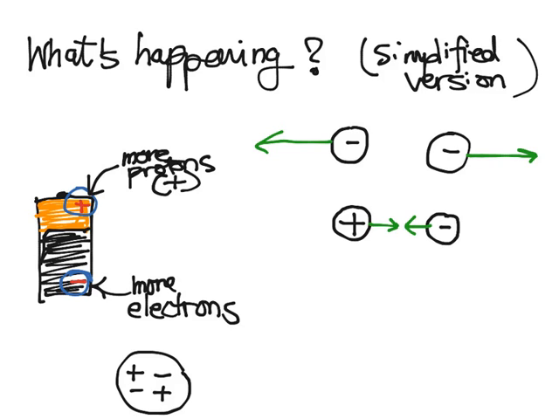towards each other. So our battery, there's some kind of barrier inside, and in one side we have too many protons, and all that positive charge doesn't really like each other. The protons are pushing away from each other, but they're kind of stuck. They have to stay there. And in our negative side, we have too many electrons. Having an excess amount of electrons, the electrons don't like each other.